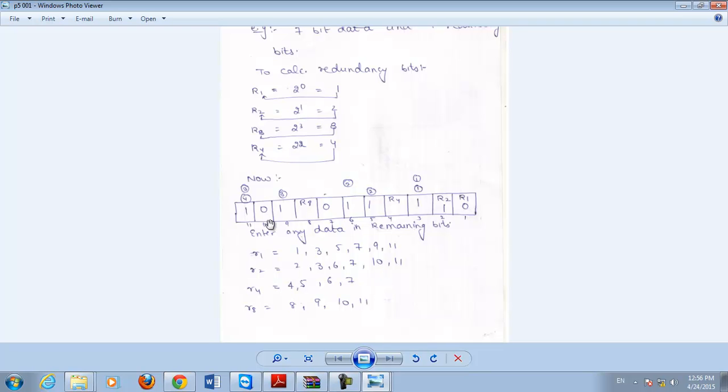At the 10th position again there is 0, and at the 11th position there is 1. Means there are a total of 3 ones. It means there is odd parity, and for odd parity you have to write 0 at R2. It is again wrongly written here in R2. Means in R1 there will be 1 and in R2 there will be 0. Similarly, you have to calculate the parity for R4 and R8.